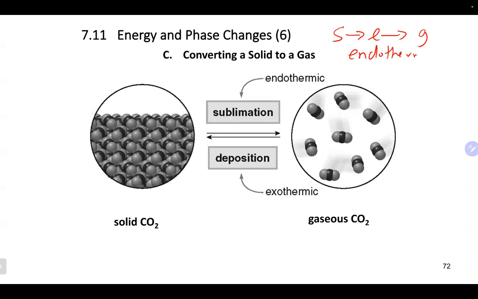You've got to throw energy in. Rolling the opposite way, from gas to liquid to solid, those are all exothermic processes where you have to release the energy. When you release the energy, people flying around lose the ability to fly around. They clump together, and as you continue to release the energy, they clump together into the solid phase as well.